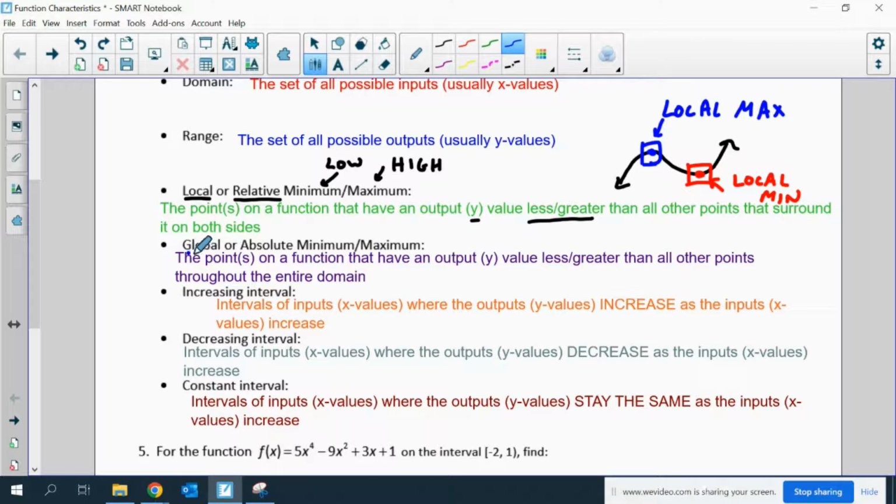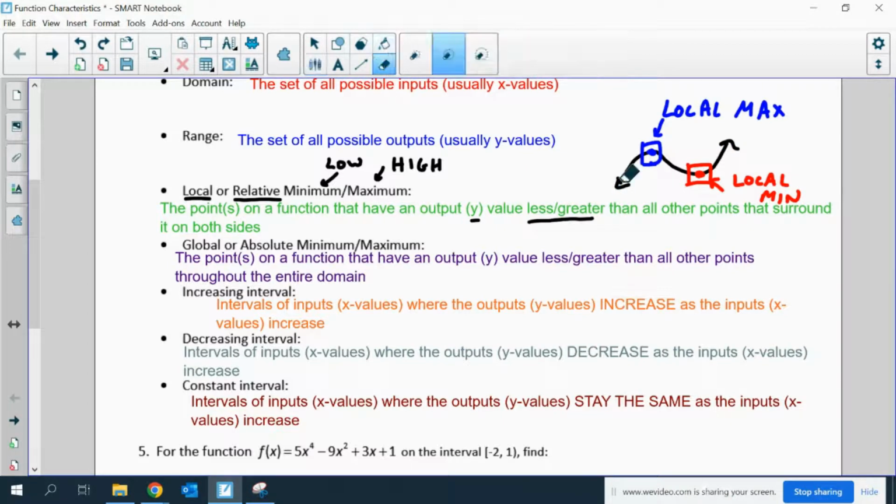The global or absolute minimum or maximum, global or absolute, are used interchangeably. Those are points that are the highest in the entire function over the entire domain. So if I look at this graph, it wouldn't have an absolute minimum or maximum because it appears to go down forever and up forever. So there's no point that's higher than every other point on the entire graph.